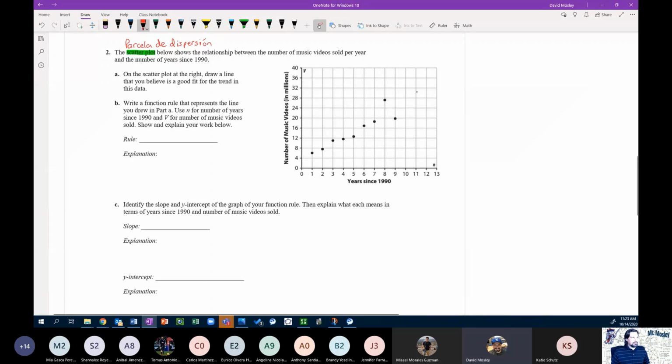So this here, this graph, is a scatter plot. It shows the relationship between the number of music videos sold per year and number of years since 1990.